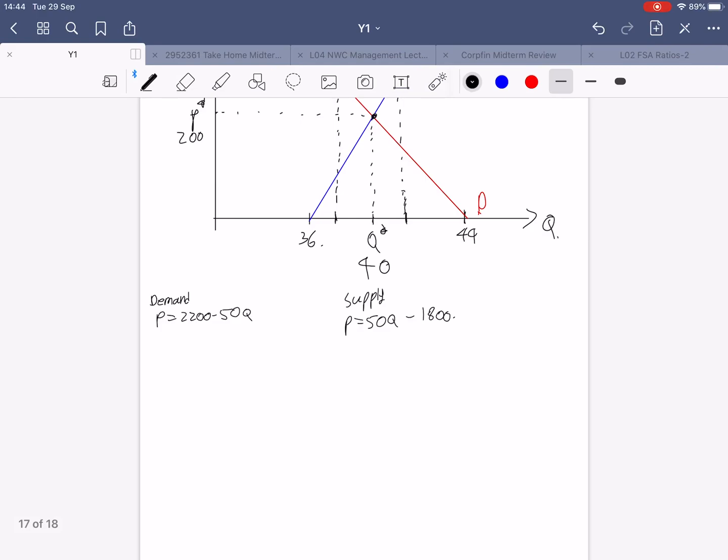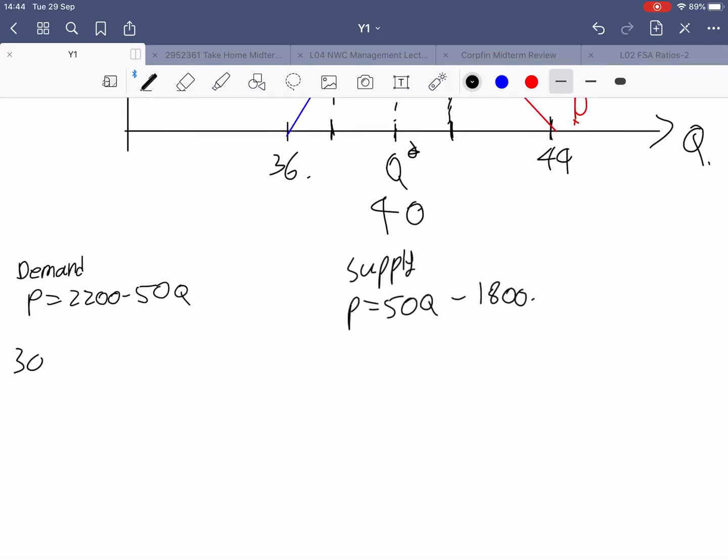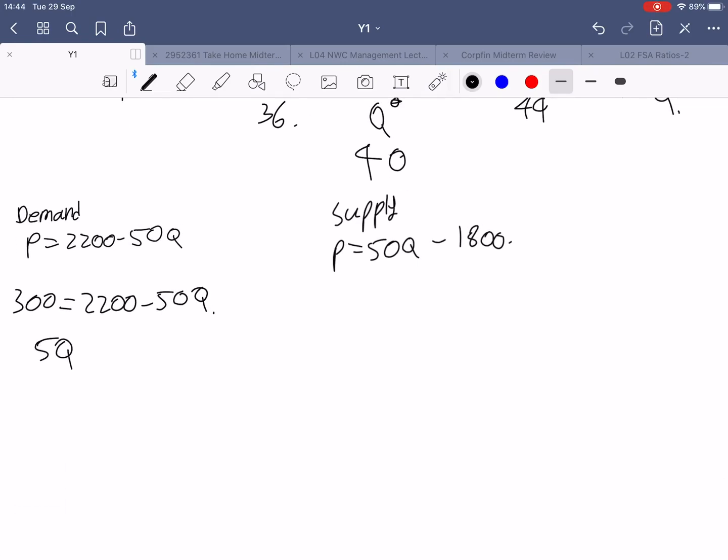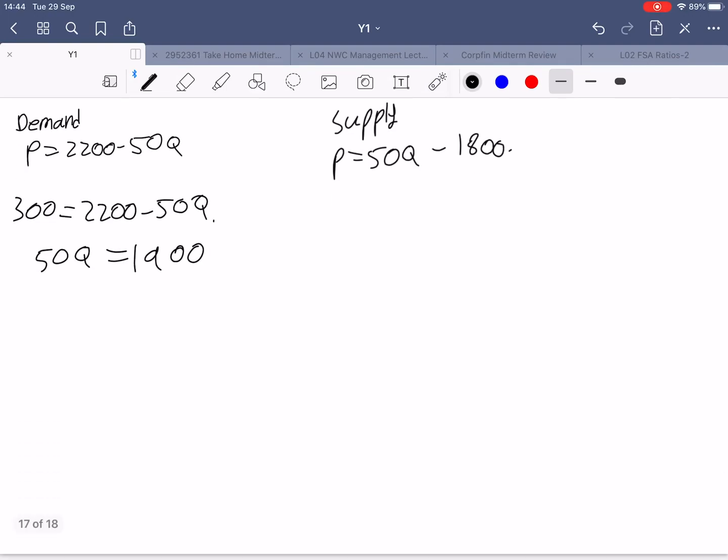For the demand curve, as P is equal to 300, 50Q goes to 1900.